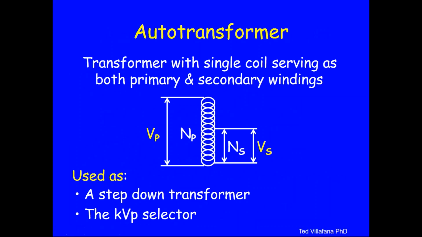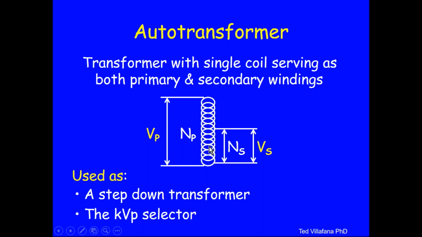An auto transformer is a transformer with only one coil, and that one coil serves as both the primary and the secondary. You see that in this slide over here, where you have all these turns in the primary, but then you tap off, you pick off whatever fraction of those that you want, so that you have the full voltage that eventually will become presumably the full high voltage on the tube.